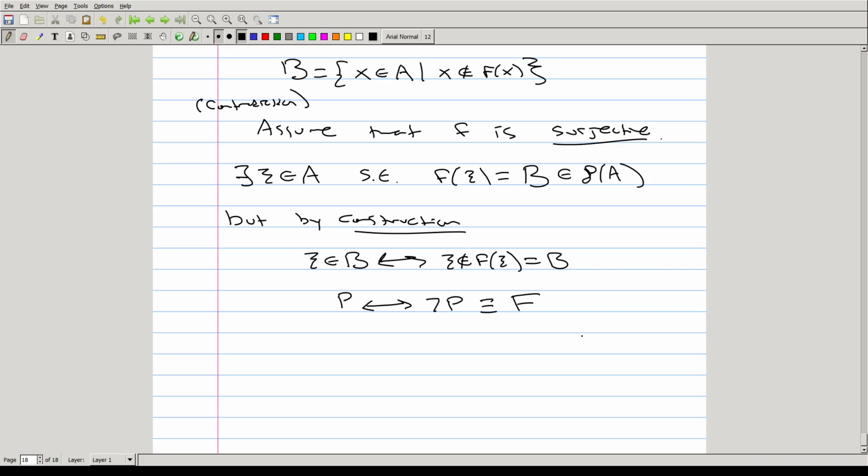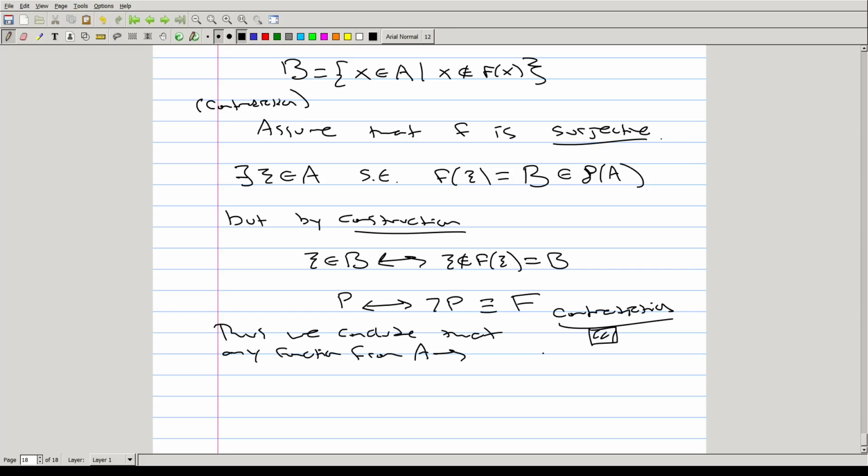And because of that, we have to conclude that any function from a set A to the power set of A is not onto. So it can't be surjective.